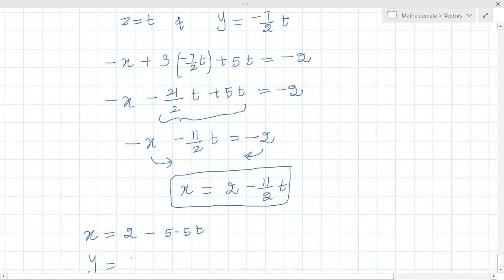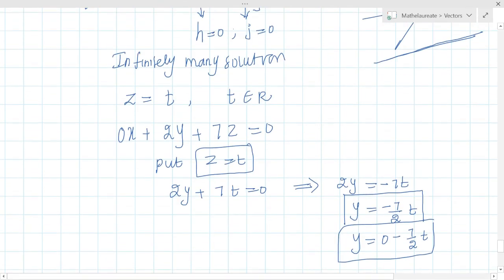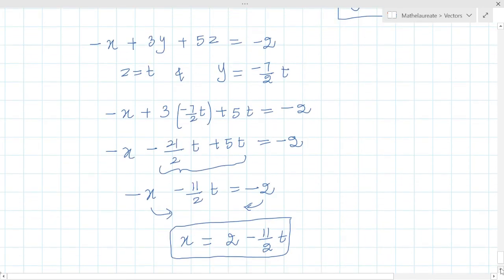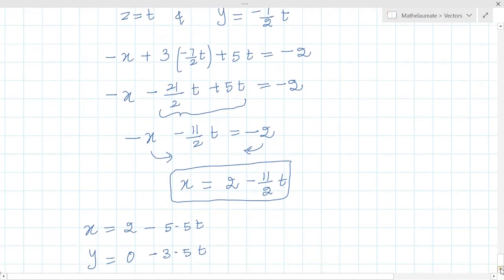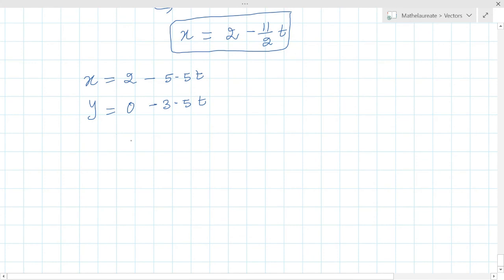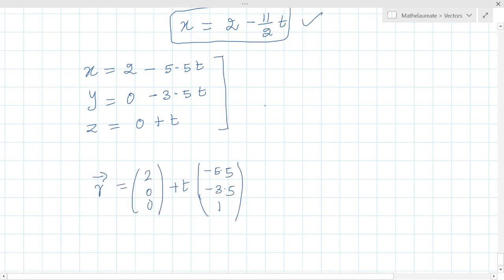Right? 0 minus 3.5t. 7 divided by 2, I have written it as 3.5 in decimal. And z equal to t, 1t. Okay, so you can write z equal to 1t. So this is what the infinitely many solutions are.